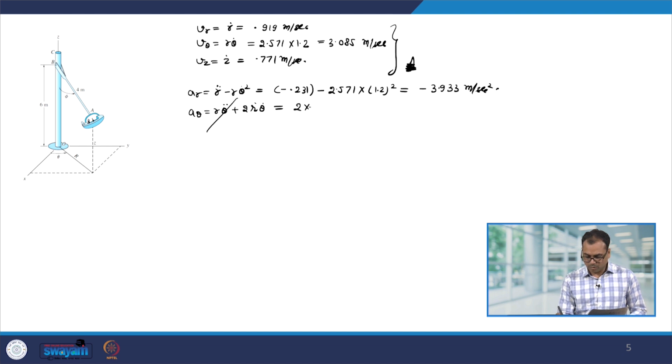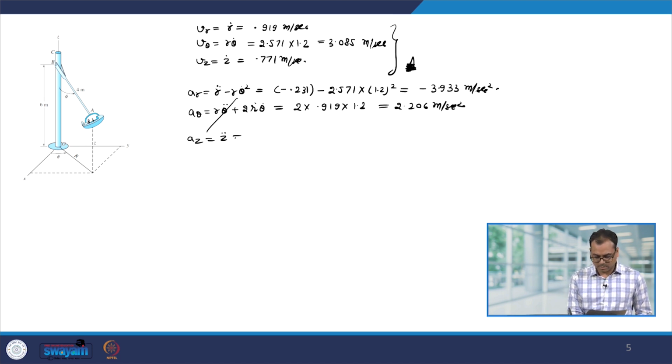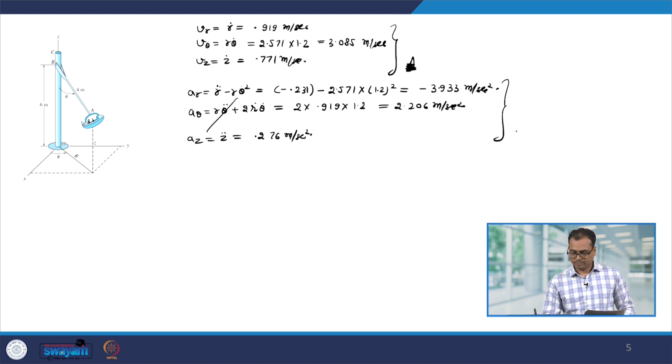So it will be 2 into r dot was 0.919 into theta dot was 1.2. So this becomes 2.206 meter per second square, and a z was z double dot equal to 0.276 meter per second square. So this is the answer.